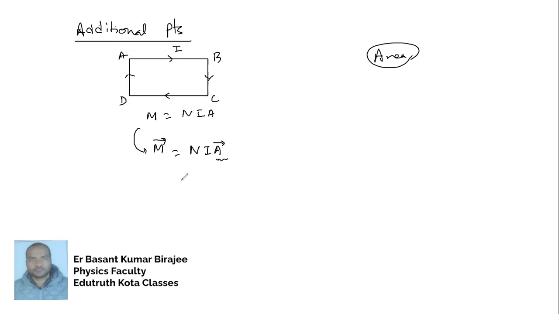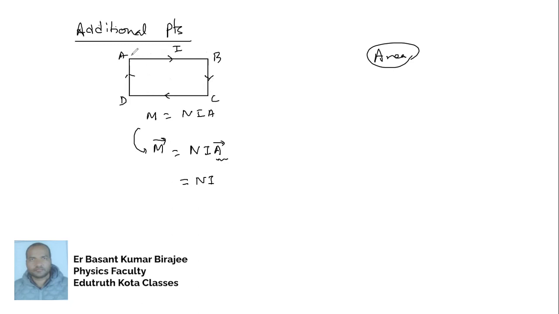You might have studied in vectors that we can keep the scalar quantities as they are. If we have to calculate the area vector of this loop, then see the direction of the arrow: we have to calculate the area in the same order as the direction of the current here.